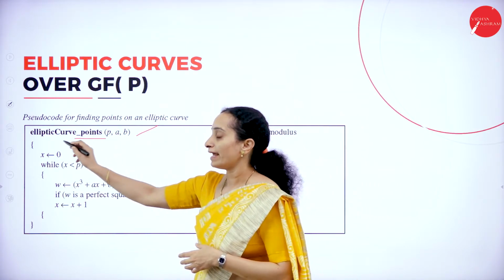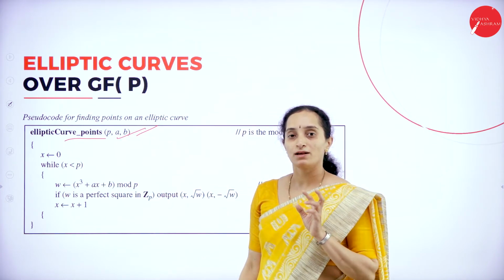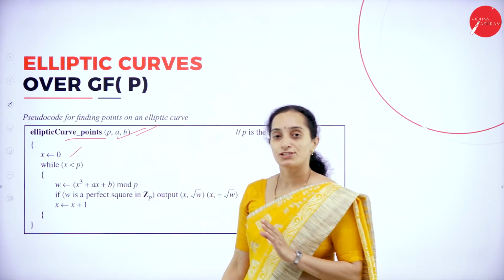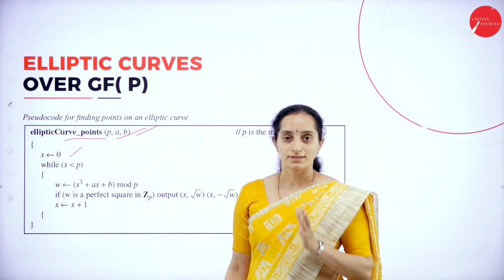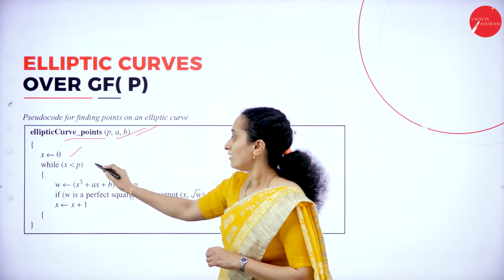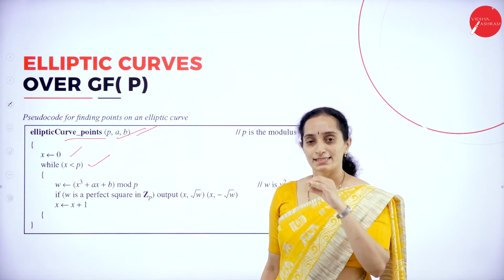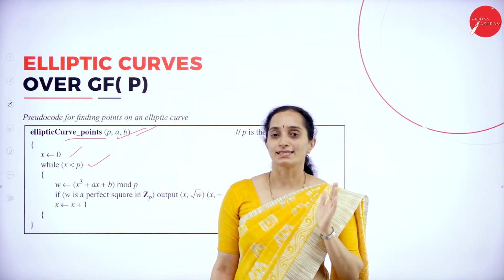We have the elliptic curve points with the parameters p, a, b. Here x is initialized to 0. x will always be constant with any elliptic curve. While x is less than p, x starts with 0 and is considered as less than p.